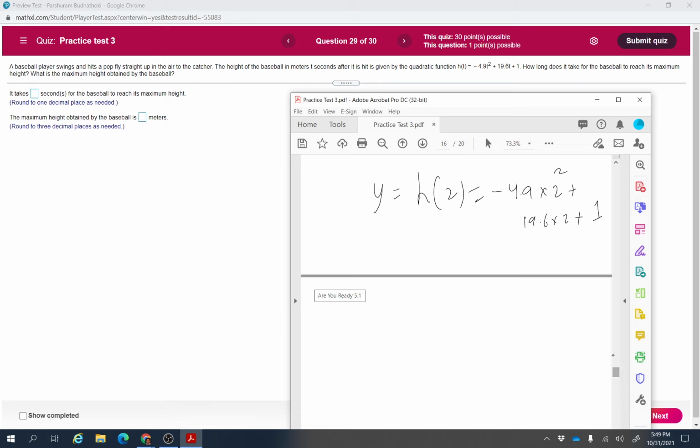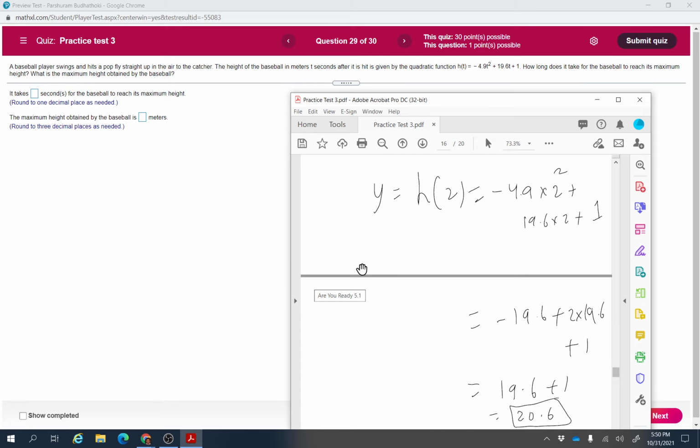So let's solve this one. 2 squared is 4, and 4 times 4.9 is negative 19.6, plus 2 times 19.6. So if you subtract, it's eventually positive 19.6 plus 1, which is 20.6.